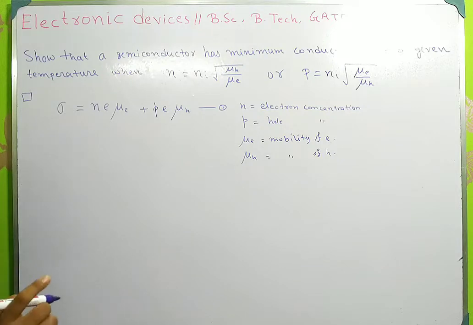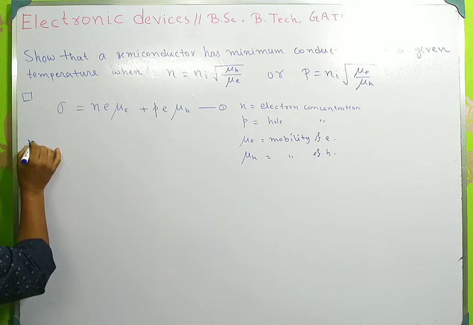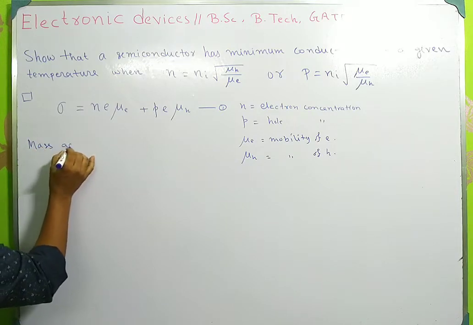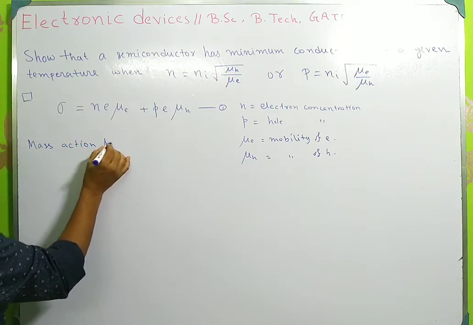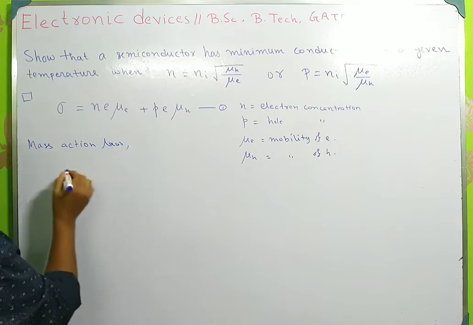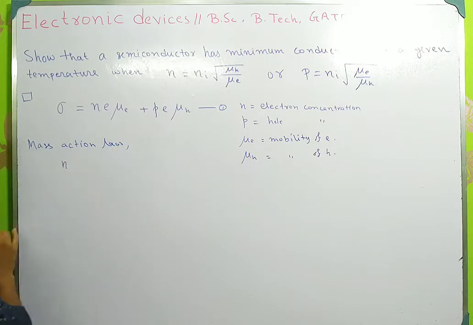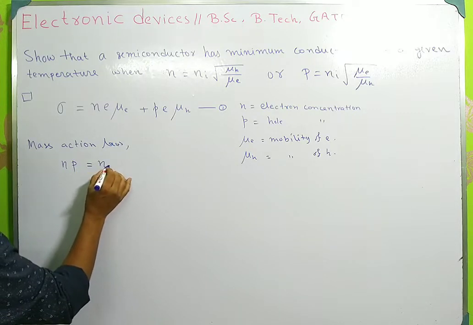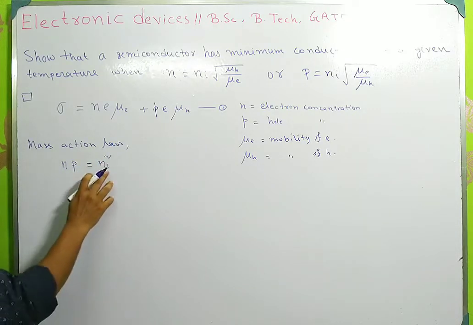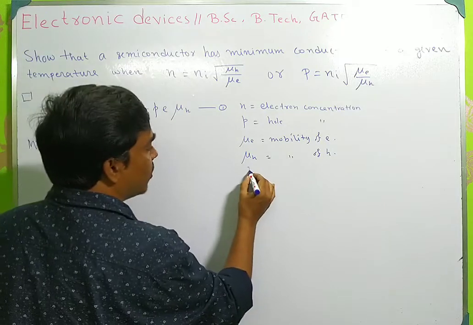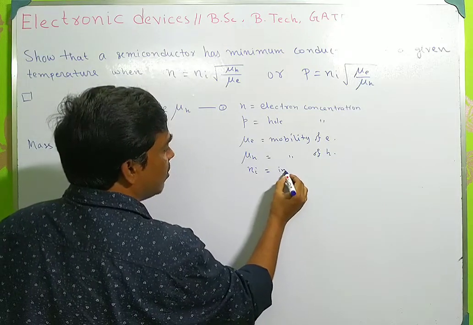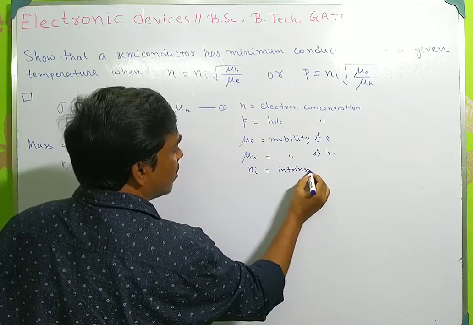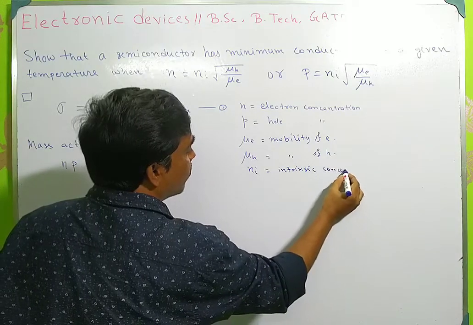Now from the mass action law we can say that the negative concentration times the positive concentration equals ni square, where ni is the intrinsic concentration.